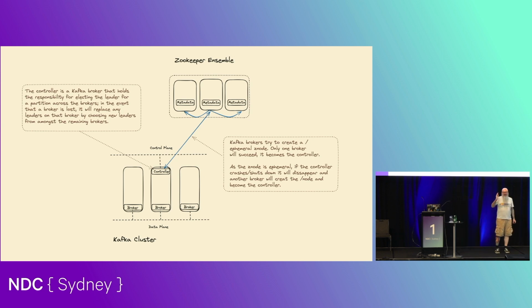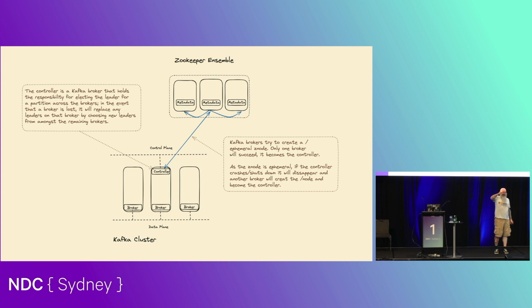What it means effectively is, the way that the nodes work in Zookeeper is a bit like a file system directory with slashes in between. One of them says, I want to be root. Everyone says, I want to be root. And it's called an ephemeral node because one of them wins and becomes root as long as it is connected.